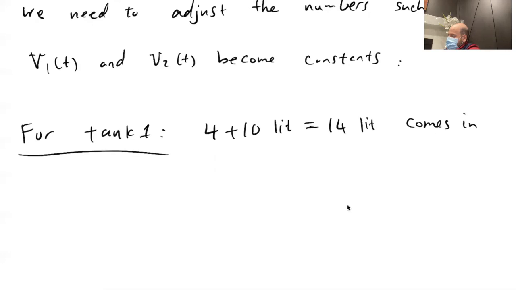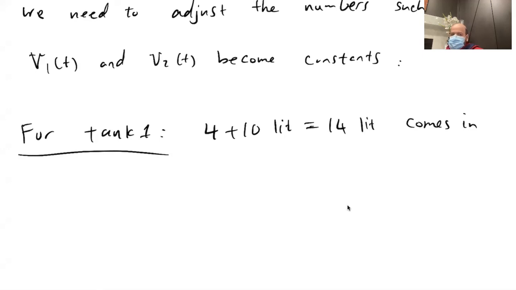So if we replace 13 liters with 14 liters going out of tank 1, then V1 of t will not change over time, because everything will cancel out: the amount that comes in and the amount that goes out will cancel out.